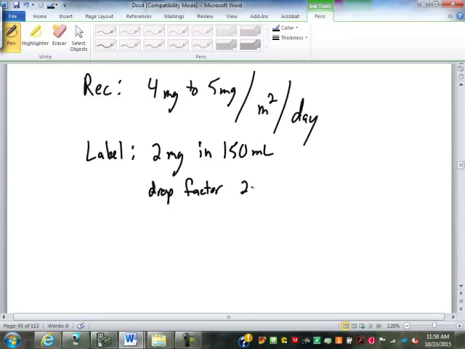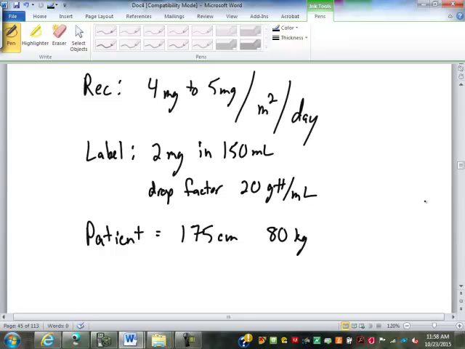Drop factor of 20 drops per milliliter. Patient is 175 centimeters and 80 kilograms. I want to know, find the drops per minute for this patient.